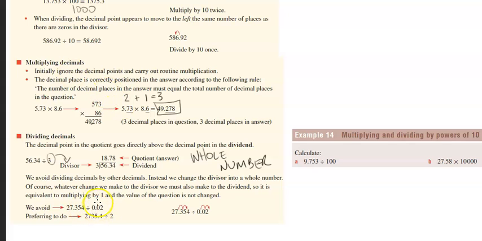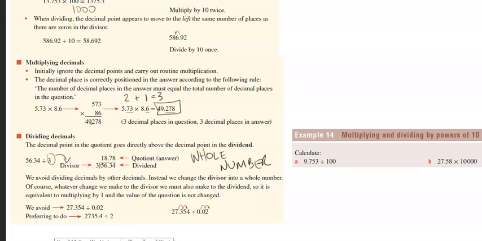In order to do that, we have to move this decimal place 1, 2 places, or in other words, multiply it by 100. As a consequence of this, the dividend also has its decimal place moved to the right twice. So instead of 27.354 divided by 0.02, we're effectively doing 2735.4, rather, divided by 2.